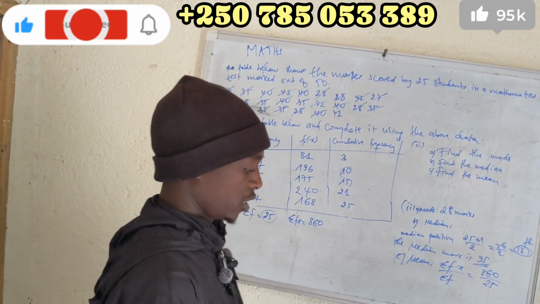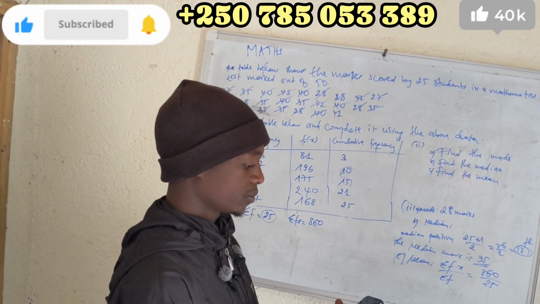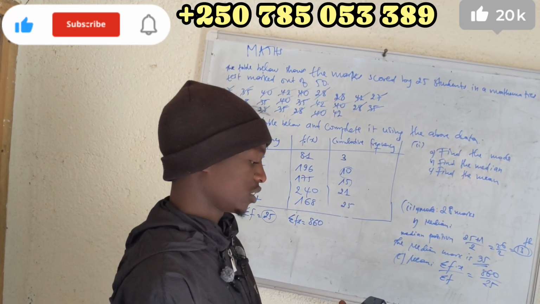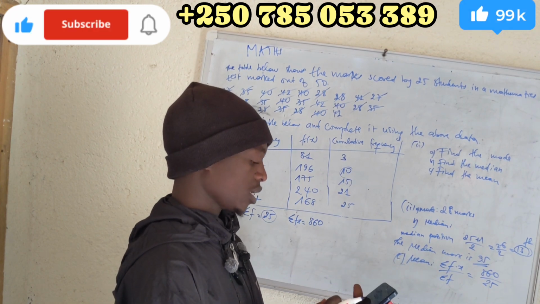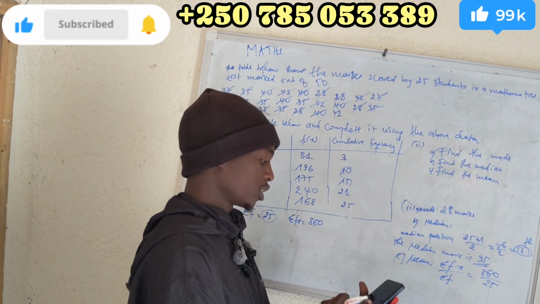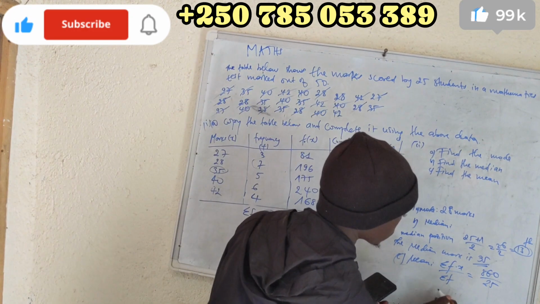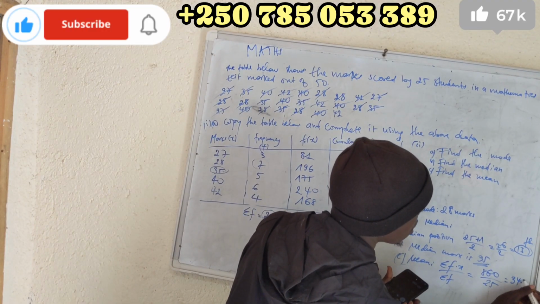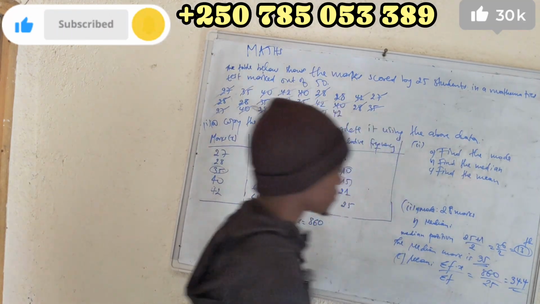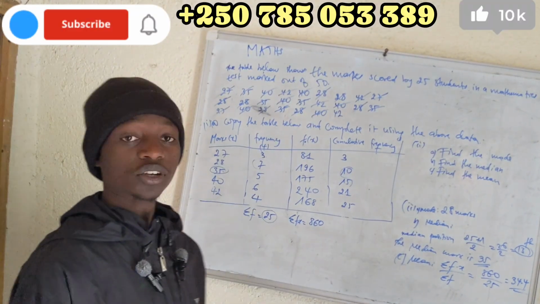Here we are going to get the mean in a very simple way: 860 divided by 25, we are going to get 34.4 marks.